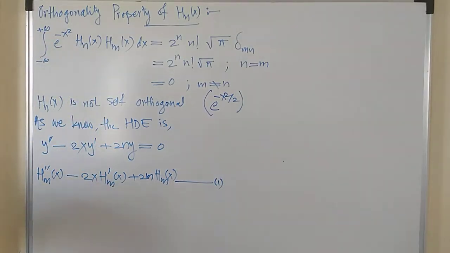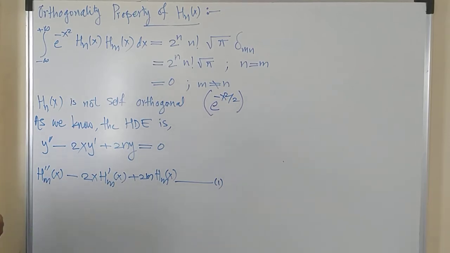So this equals 0. Let us say this is our equation number 1. Similarly, write one more Hermite differential equation by putting in the other Hermite polynomial. These two polynomials Hn of x and Hm of x must satisfy the Hermite differential equation.